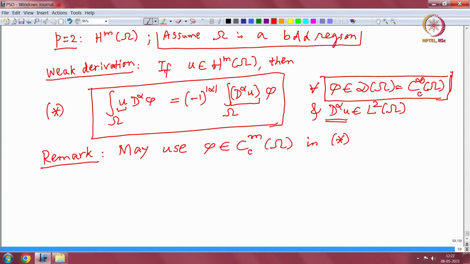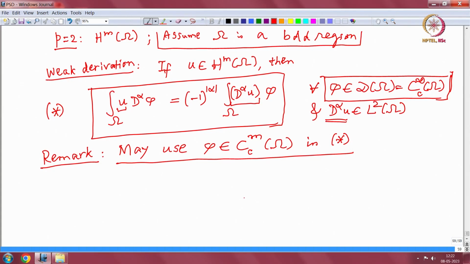We want to multiply the functions in H^m(Ω) by some smooth functions of finite order, not infinite order. So how do you observe this quickly? There are two ways of seeing this. Let me explain it in words. If star holds for all φ, C^m functions with compact support, certainly it holds for C∞ functions with compact support.